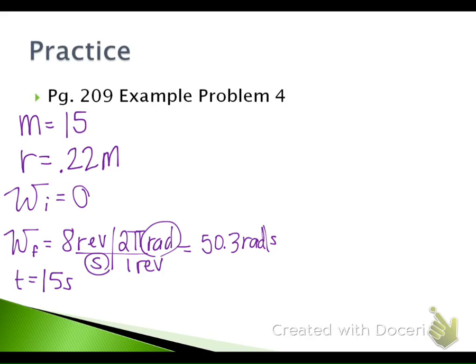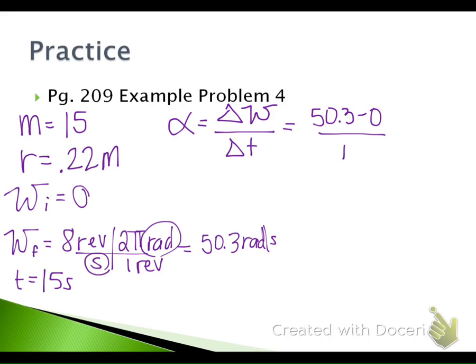So we're going to solve for alpha, or angular acceleration. That equation, remember, is delta omega over delta t, or change in angular velocity over change in time. So we'll solve for this right here: 50.3 minus 0, because that's what we started at, over 15 seconds.